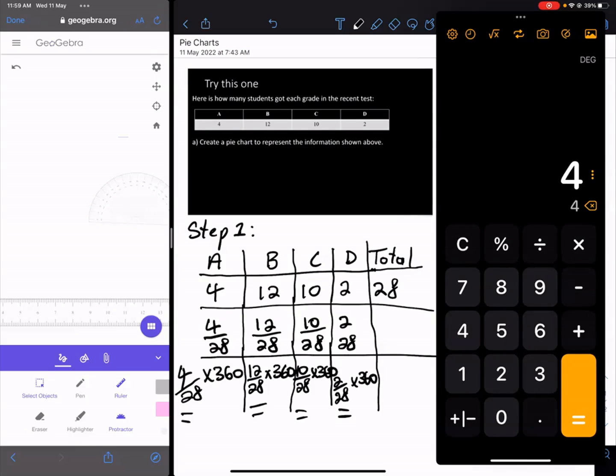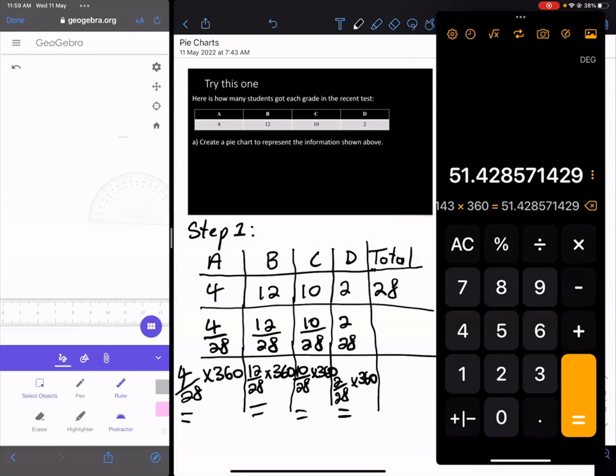So 4 divided by 28, because the fraction bar is another way of saying division, will give us 0.14, and we're going to multiply that by 360. That gives us 51.42857, all of those decimal places. So for this purpose, we're going to round each of our answers to the nearest whole number.